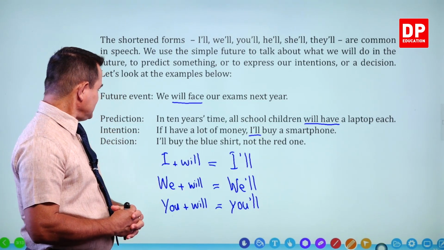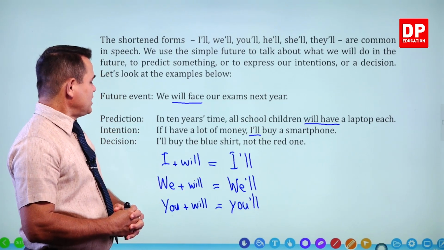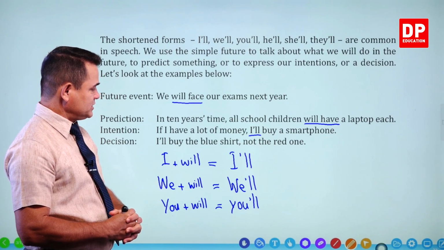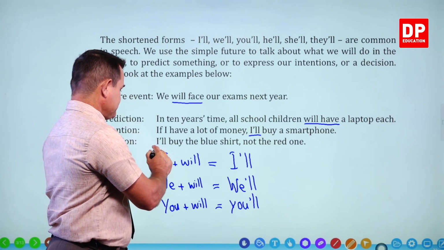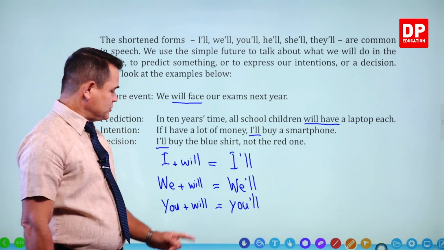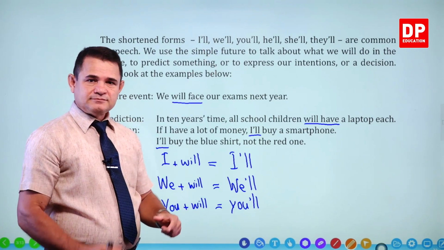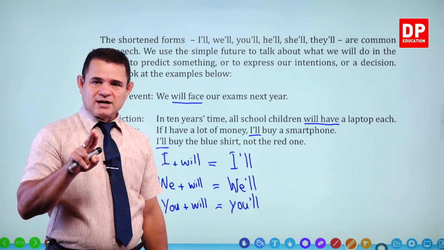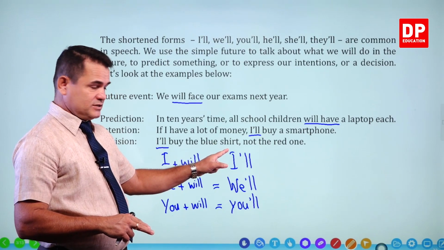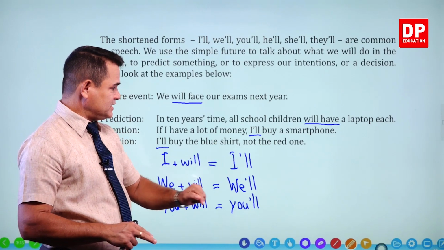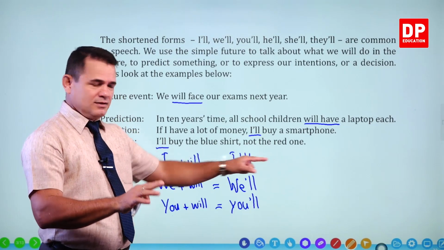Right? And the next one, decision. I'll buy the blue shirt, not the red one. I'll buy. Again, that short form. I will කියන එක එකතු කරලා I'll buy the blue shirt. මම අර නිල් පාට shirt එක ගන්නවා, not the red one.